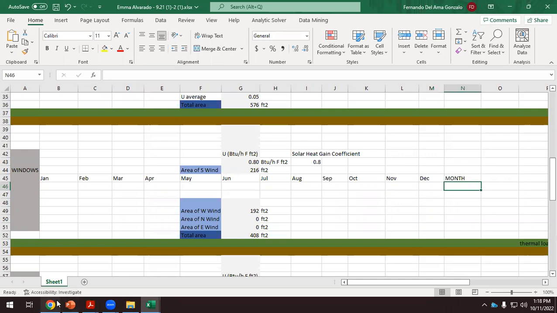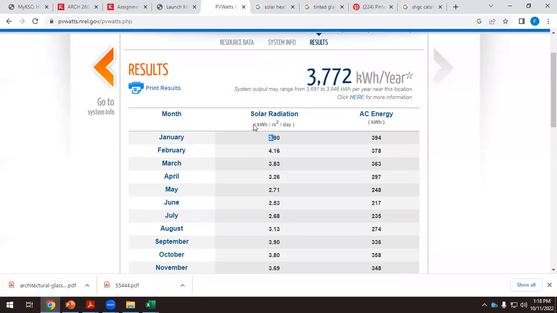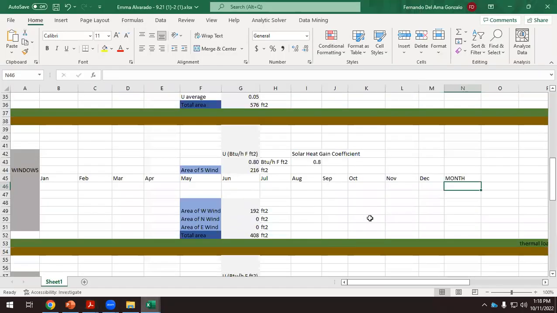So what do we get from PV watts? We get these units: kilowatt hours per square meter per day. I'm going to type this here: kilowatt hours per square meter per day. Okay, what's wrong with this?